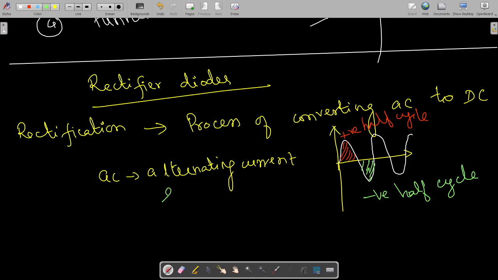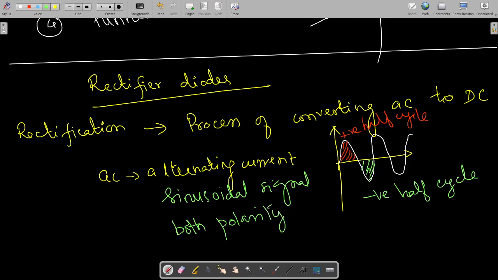It is a sinusoidal signal, a sine waveform. It has two polarities, so it is also called a bipolar signal. Two polarities in the sense positive as well as negative. Like this we can represent the AC signal.